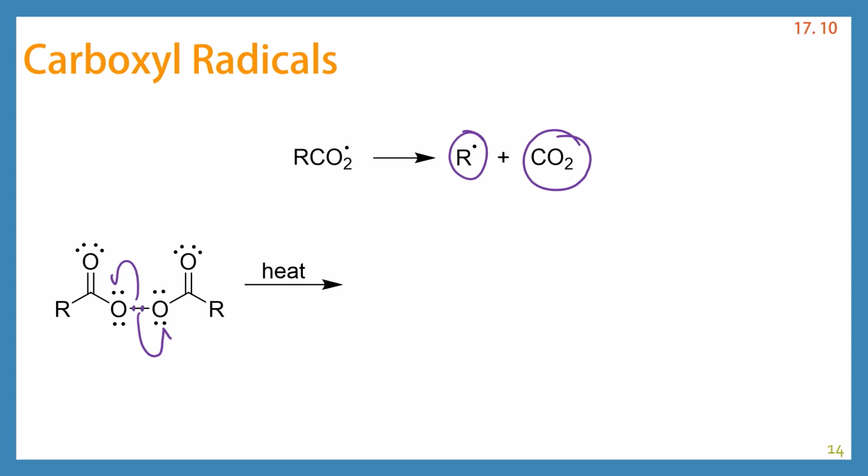One electron from the covalent bond is going to go in either direction upon heating. That's going to give us two carboxyl radicals. Notice we have a spare electron right here. And that's going to decarboxylate to give us carbon dioxide and an alkyl radical.